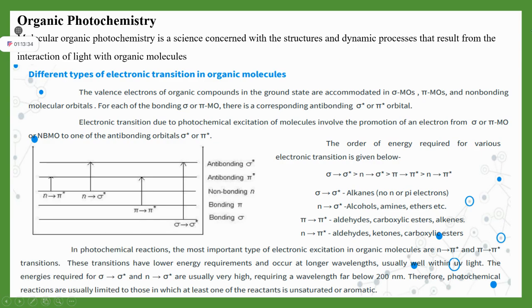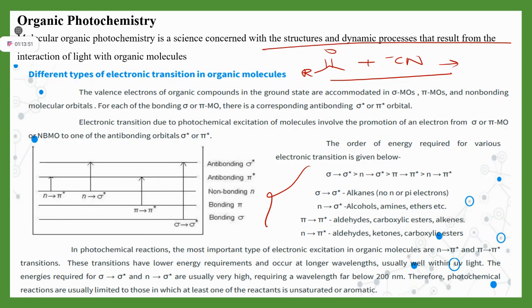Let's say you are given an aldehyde and your nucleophile. Can you tell me among these transitions which transition is possible in this case? You can read this slide and then tell me. Take your time and try.